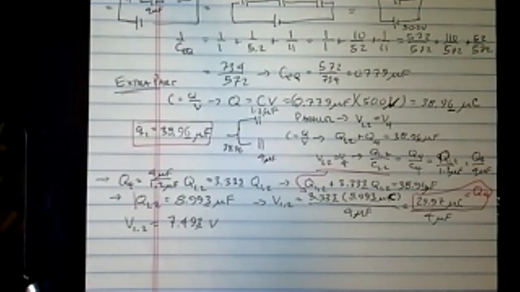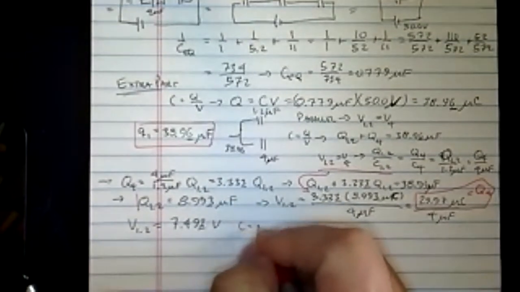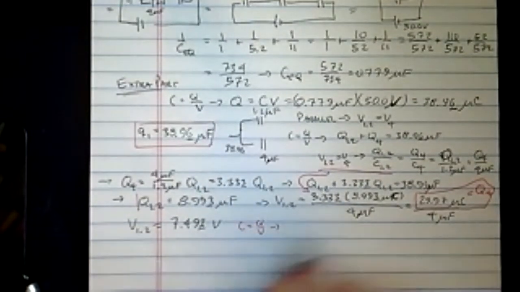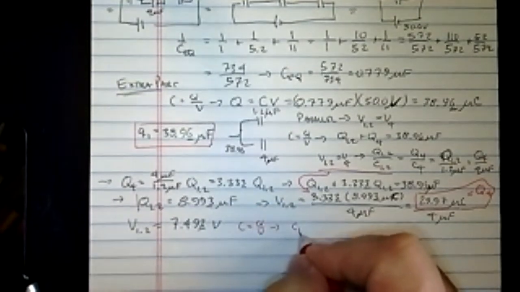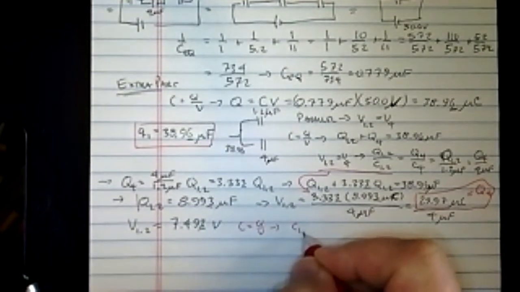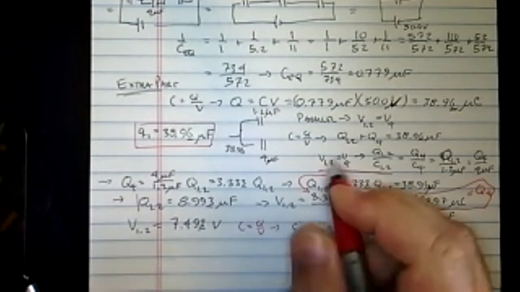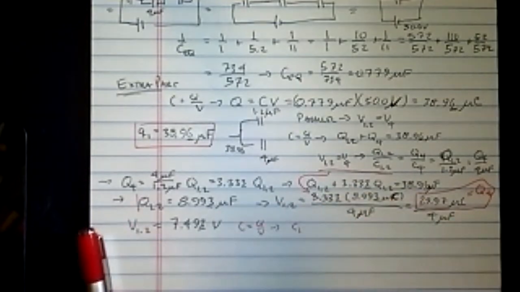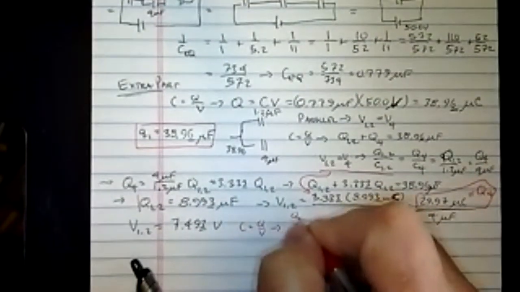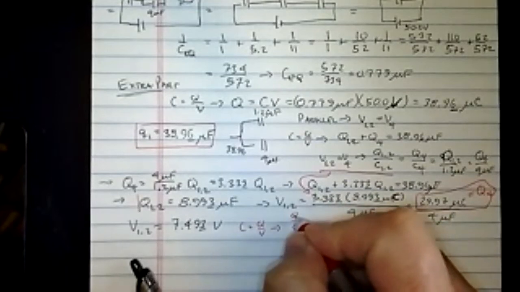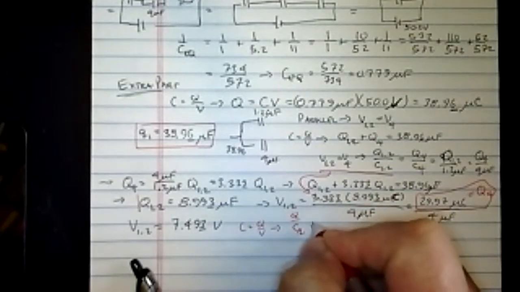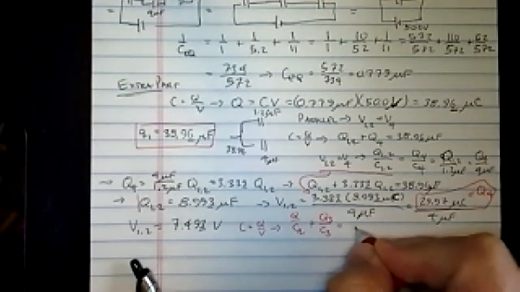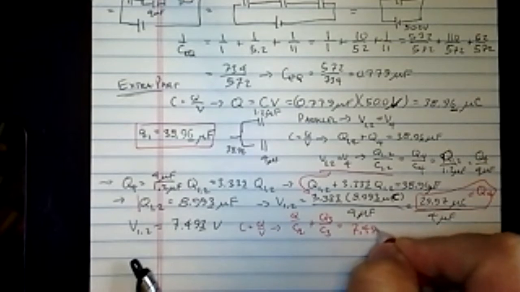So now what I'm going to do is realize that C equals Q over V, and I want V to be the same, so I'm solving for V. V would equal Q over C, so Q2 over C2 plus Q3 over C3 has got to equal 7.493 volts.